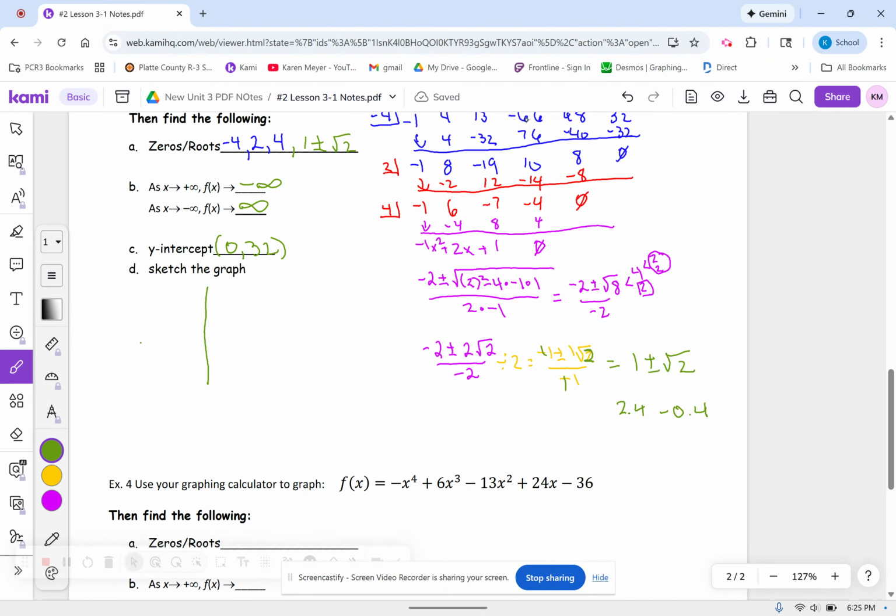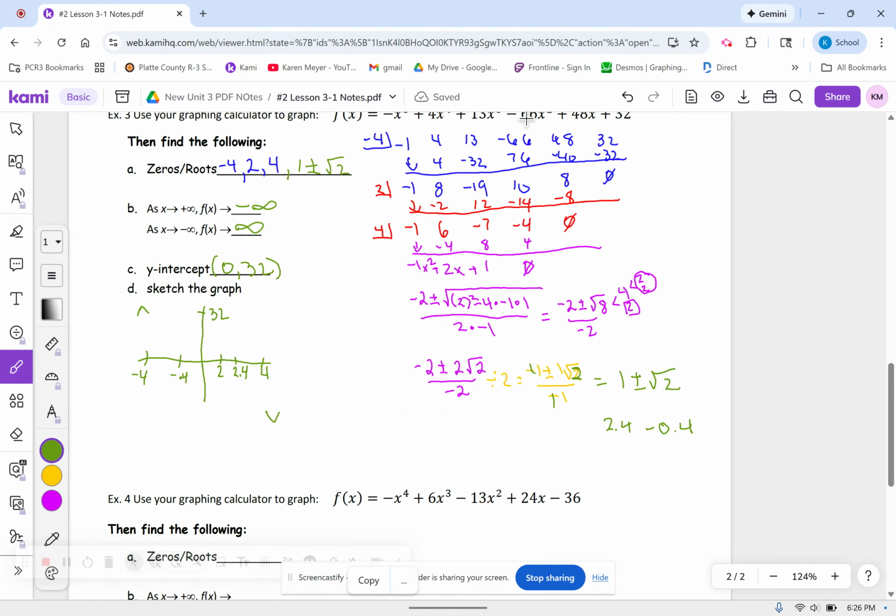So when I sketch the graph, I have to put in negative 4 and then negative 0.4, and then we're going to have 2, 2.4, 4, and then 32. And then we know on the left side it's going to go up, and on the right side it's going to go down, and then we're just going to sketch it from our calculator.